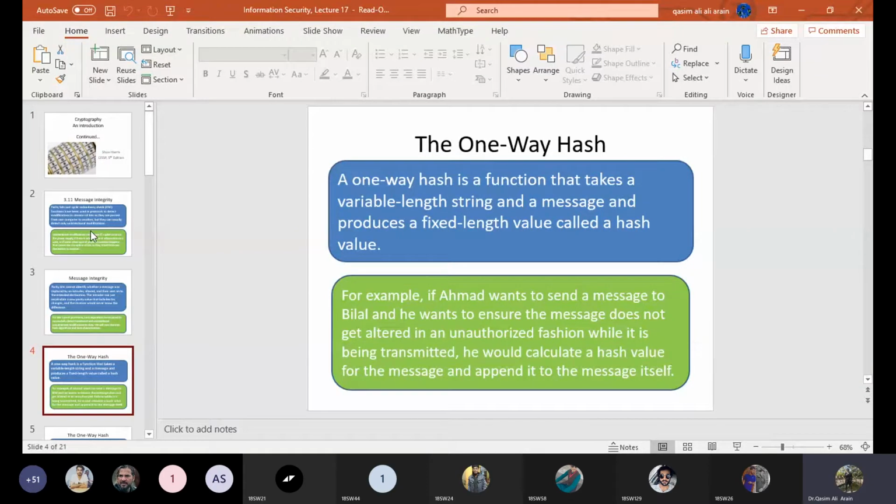Your message would be passed through that particular one-way function, and that one-way hash function has to generate a fixed length value at the sender's end, and that fixed length value is called the hash value, right? And that hash value is appended with the original message, and that information would be sent to the receiver, right?